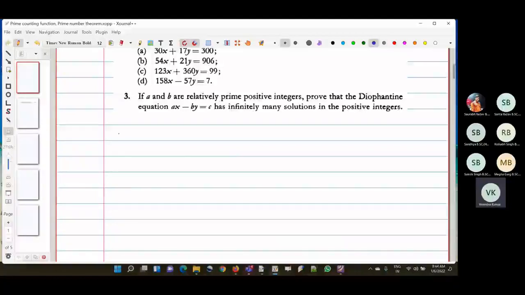Question number 3. They are telling us that if A and B are relatively prime, then prove that the Diophantine equation has infinitely many solutions in positive integers.